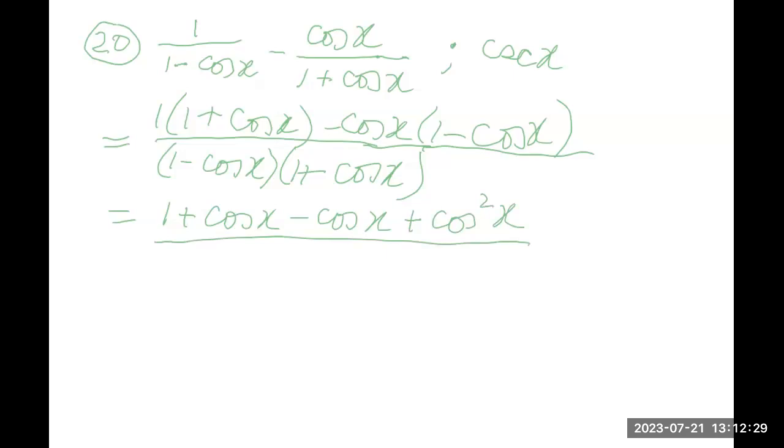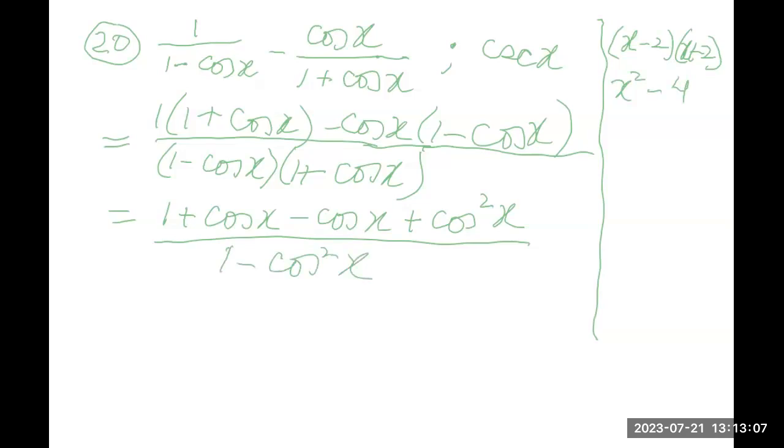Now, in the denominator, we have 1 minus cosine x times 1 plus cosine x. So using a result from algebra, something like, if you have x minus 2 times x plus 2, if you FOIL it and simplify, it basically ends up as x squared minus 4. So using that result in the denominator here, 1 minus cosine x times 1 plus cosine x is 1 minus cosine square x.